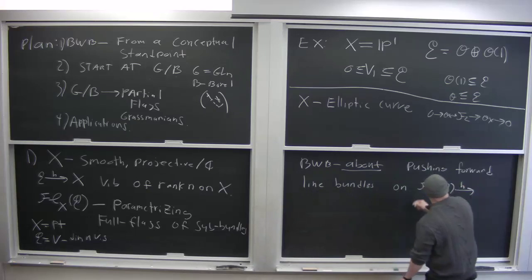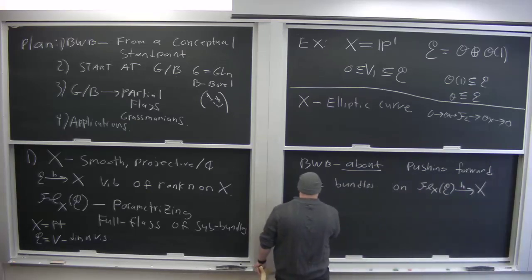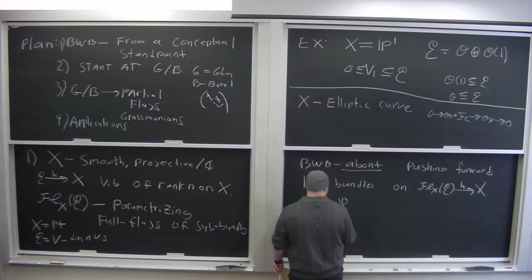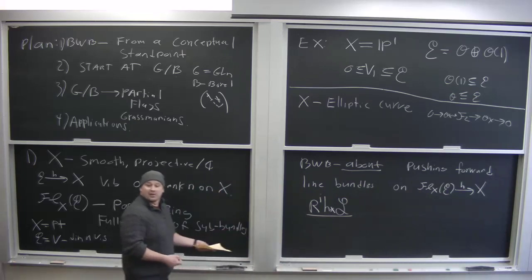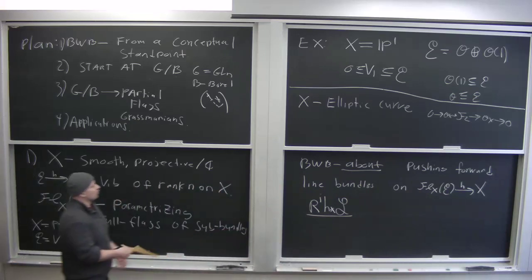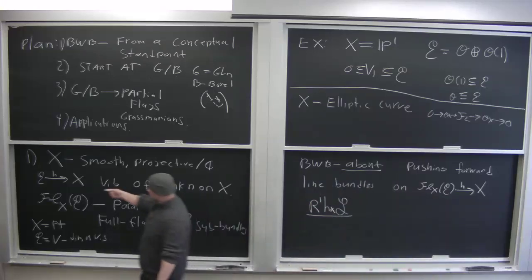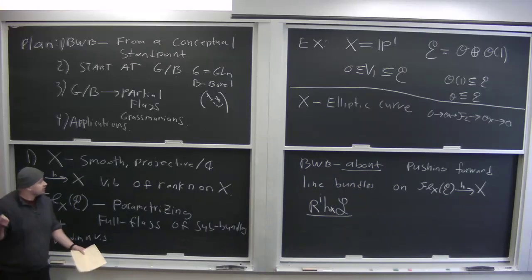It comes with a structure map back down to X. So it's going to be about, in particular, the higher pushforwards of my line bundle along this structure map, which, by abusive notation, I give the same map, H.